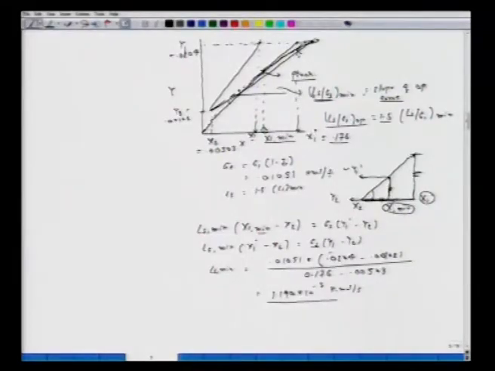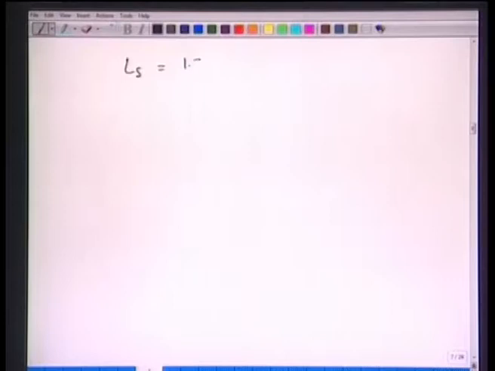So, now we know Ls min, we can calculate Ls operating, which is 1.5 times Ls min, which is 1.5 times 1.190 times 10 to the power minus 3 equals 1.787 times 10 to the power minus 3 kilomole per second.